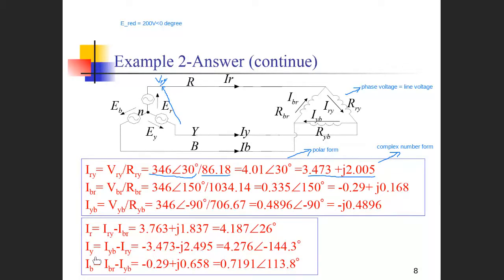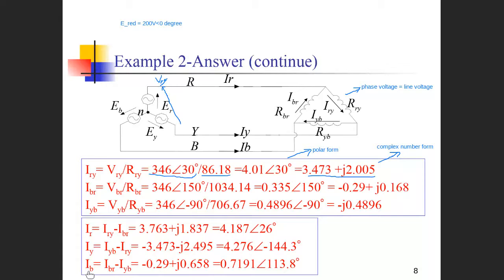Similarly, you can find the yellow line current, which is the yellow-blue phase current minus the red-yellow phase current, as indicated in the diagram here.